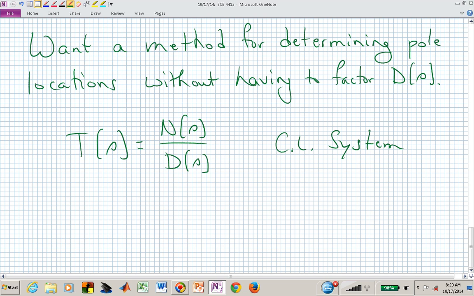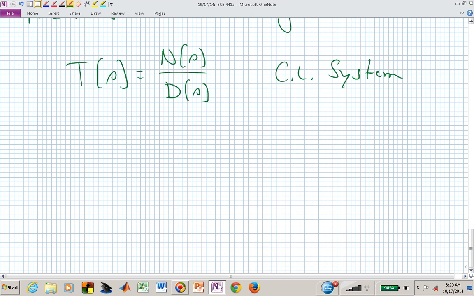This is now a ratio of polynomials that is representing our closed loop system. We want to look at d of s without having to factor that or plug it into our calculator. Can we now assess where those roots of d of s are located?